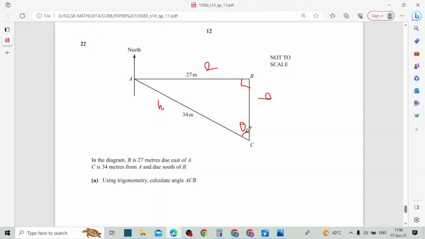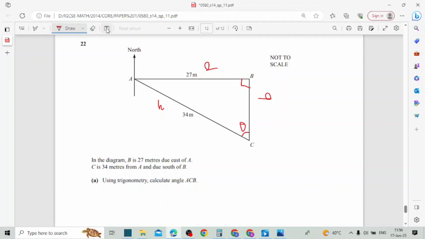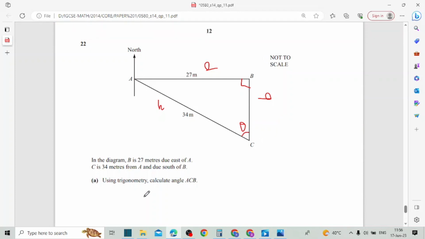So that's what we will write here, since we have to find ACB. Sine theta is equal to perpendicular over hypotenuse.